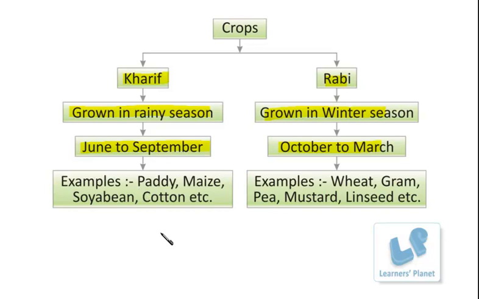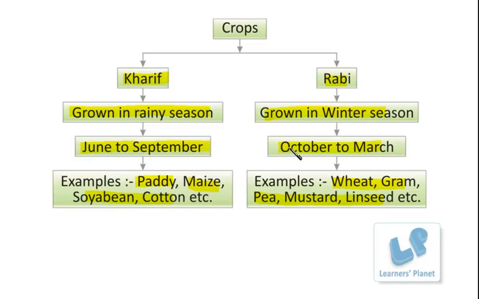Kharif crops, some examples are given here like paddy fields, that is rice, maize, soya beans, cotton, etc. All these require more amount of water for their growth, whereas the other examples like wheat, gram, pea, mustard, linseed, all these require less water, and of course they are known as the rabi crops.